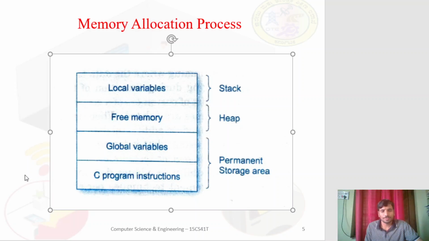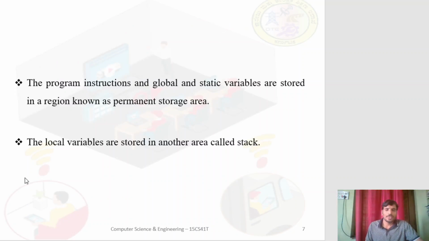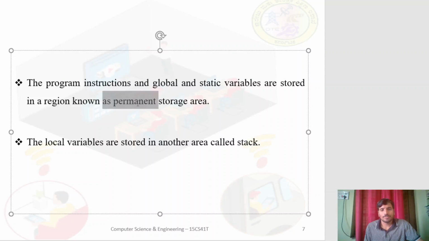Okay, students. The program instructions and global and static variables are stored in the region called permanent storage area. Static variables and global variables are stored in registers, and the local variables are stored in another area called stack.